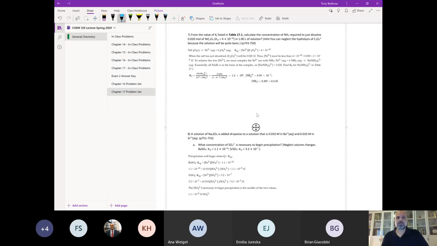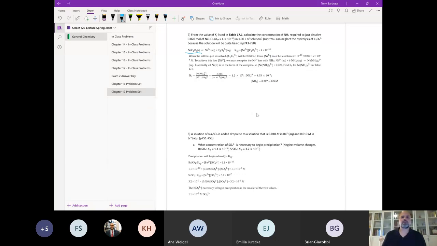Well, in a 1 liter solution, hint, you can neglect the hydrolysis of C2O4 because the solution will be quite basic. So the first thing you needed to recognize here is to be able to draw out the dissociation equation.